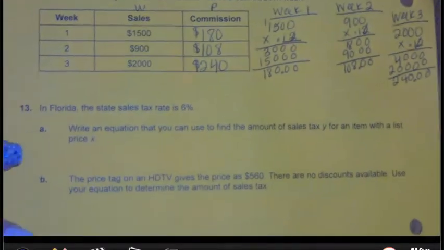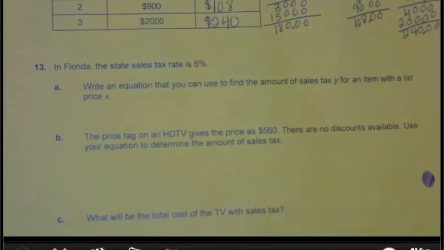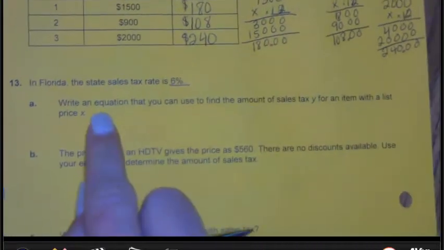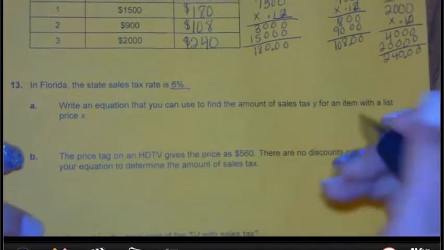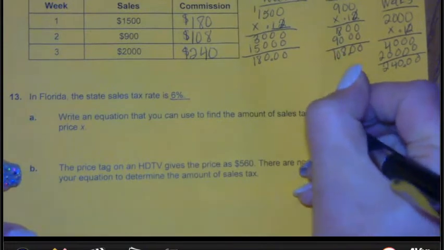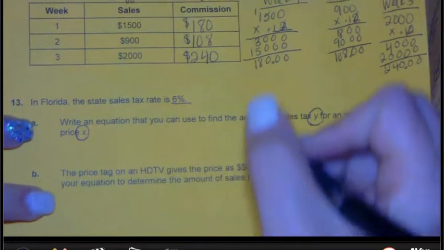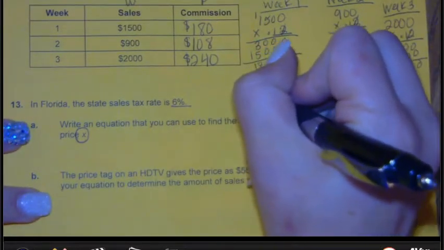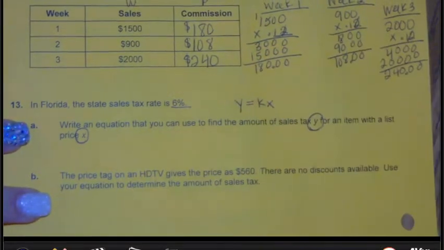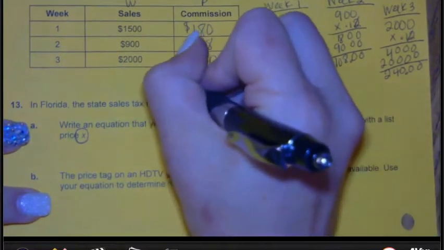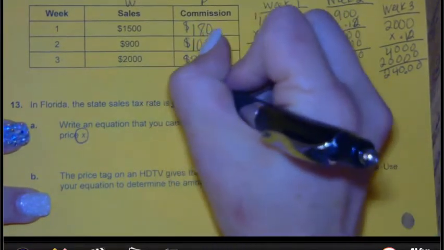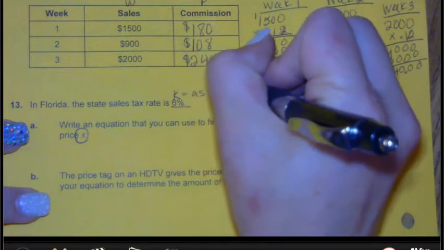All right. In Florida, the state sales tax is 6%. Write an equation that you can use to find the amount of sales tax, Y, for an item list price of X. Okay, so remember, our equation is Y is equal to K times X, where my percent is equal to K as a decimal.